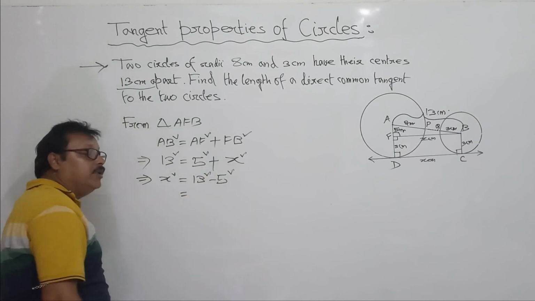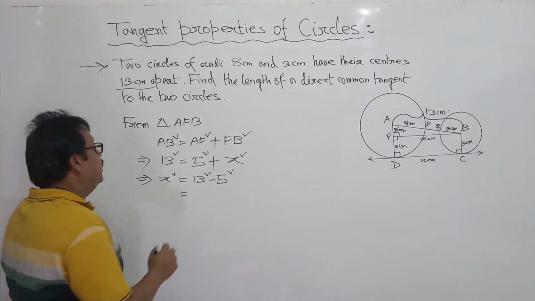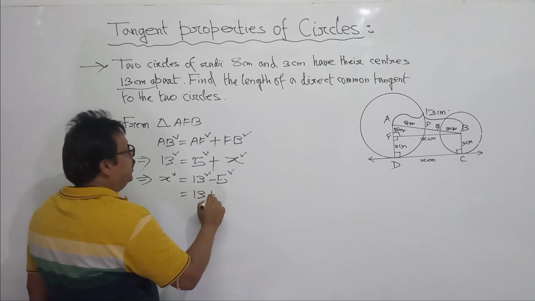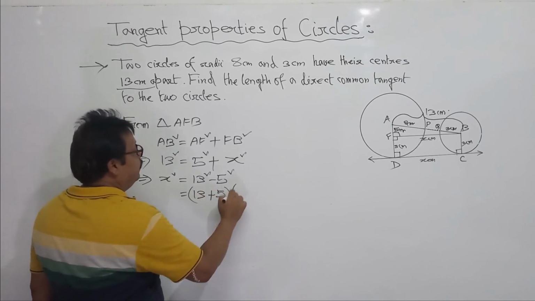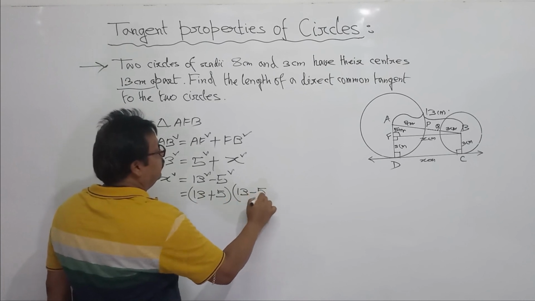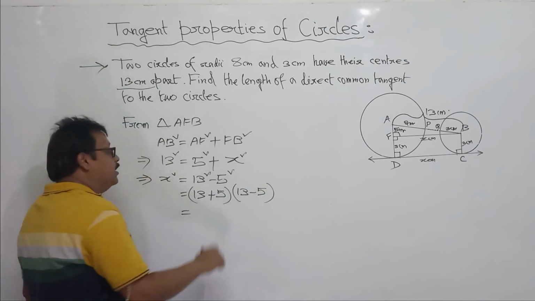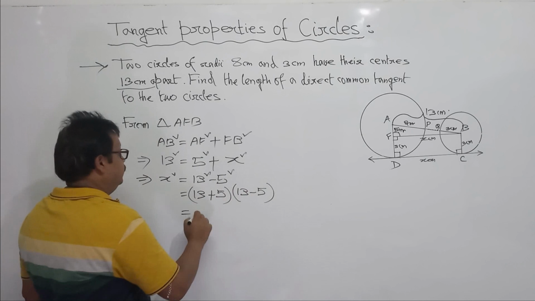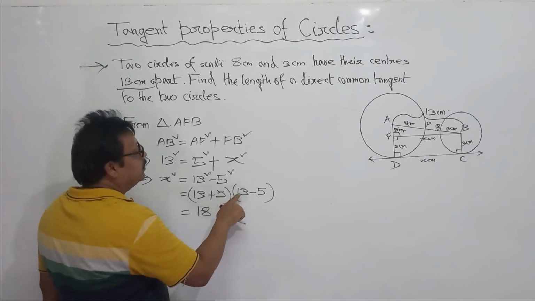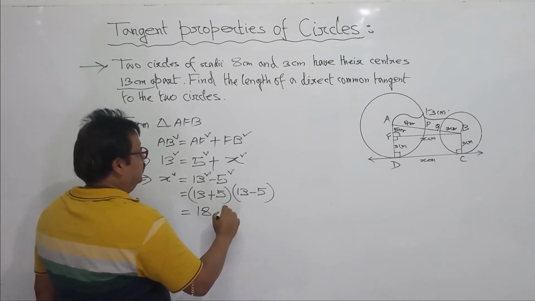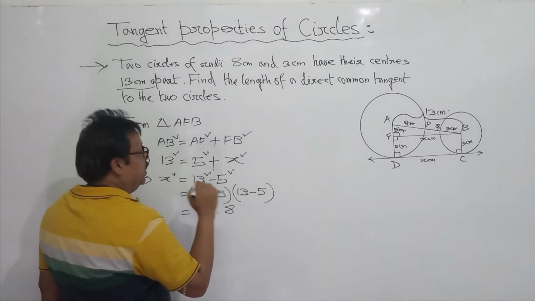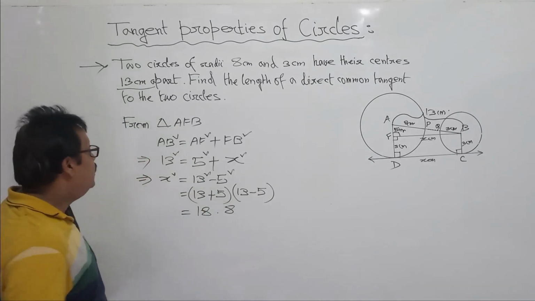Which formula can you use here? a square minus b square. That is 13 plus 5, 13 minus 5. What is 13 plus 5? 18. Into 13 minus 5, 8. Clear?